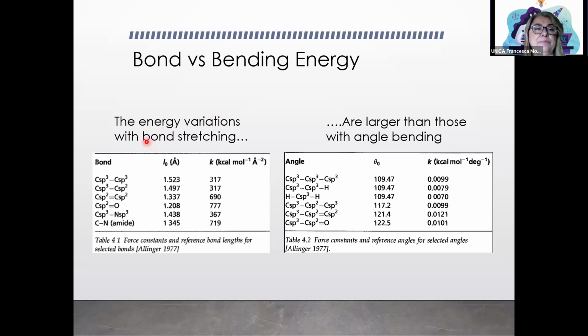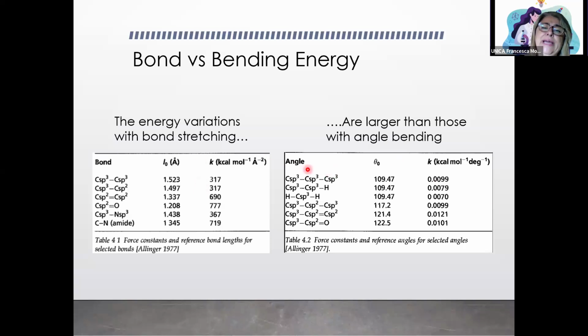As we can see in this table, where the values of the parameters for the harmonic potential are represented, so the reference bond length and the force constant, the variation of the bond length between two carbons with sp3 hybridization has a force constant which has a value of more than 300 kcal/mol per angstrom squared.